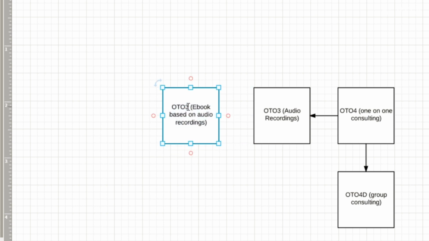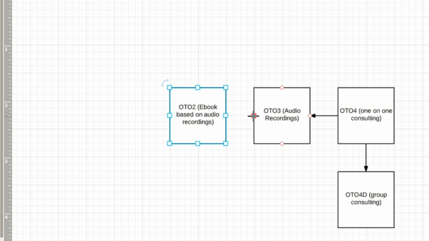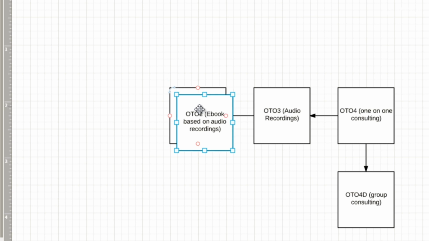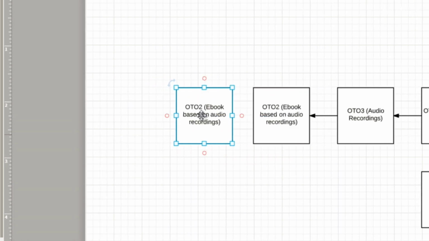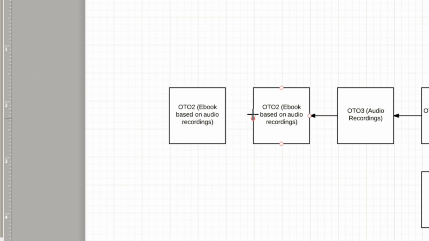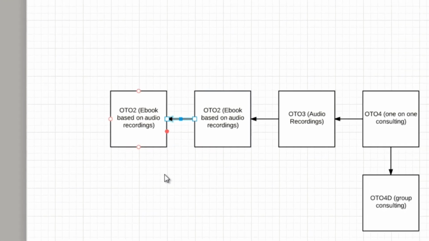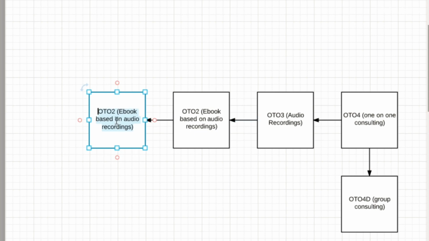So the next thing we have is OTO 2. So we're moving backwards here. I like to use arrows for progression, but obviously later on we're going to have to switch the arrows because we're going to move the other direction, right? So this is just to help me build it out initially. So OTO 1, this could be a piece of that.